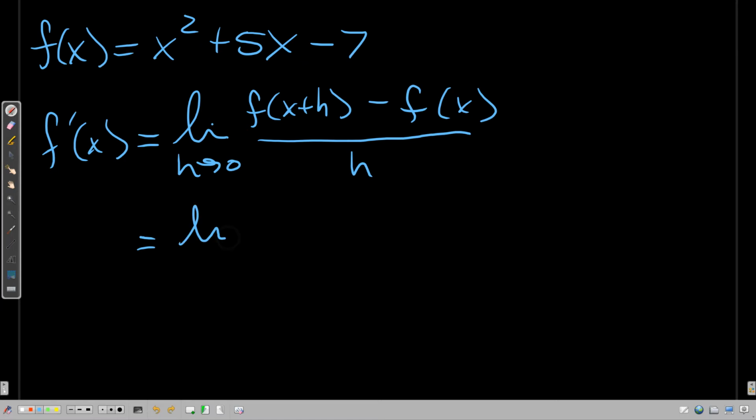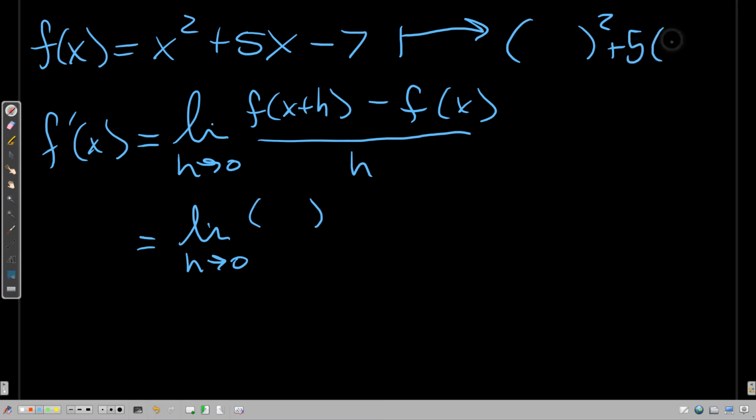It will help you not make any mistakes. Limit as h goes to 0. And then here's where I'm just going to kind of view my function. Instead of having x's, it's just got empty parentheses, right? This helped another student that I was working with, so I thought I'd share it with all of you.